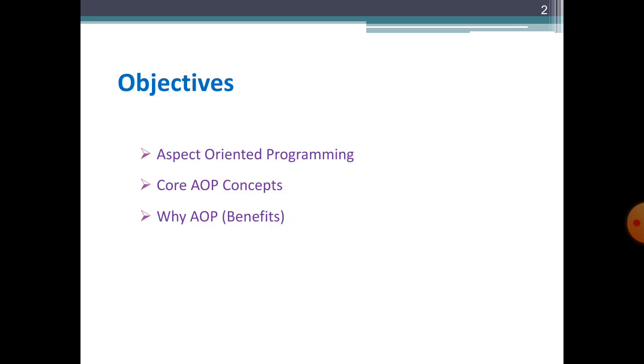So students, in this lecture we will look more comprehensively into what aspect oriented programming actually is. We will see this concept in detail, and then we will discuss some core concepts involved in the paradigm of aspect oriented programming. In the whole lecture I will provide you some benefits, justifications, and reasons why the developer community is thinking of moving towards the aspect oriented approach rather than object oriented programming.